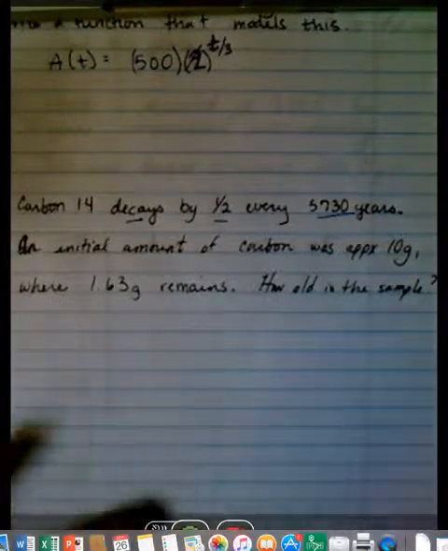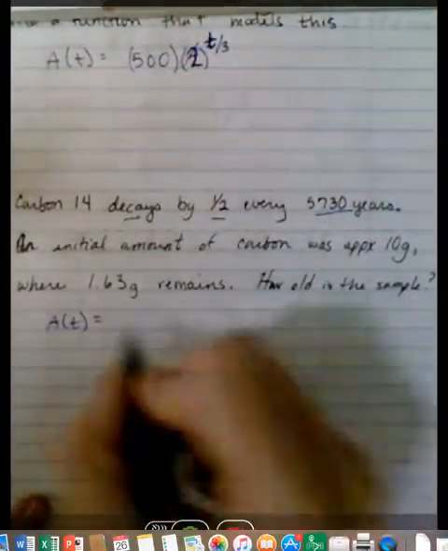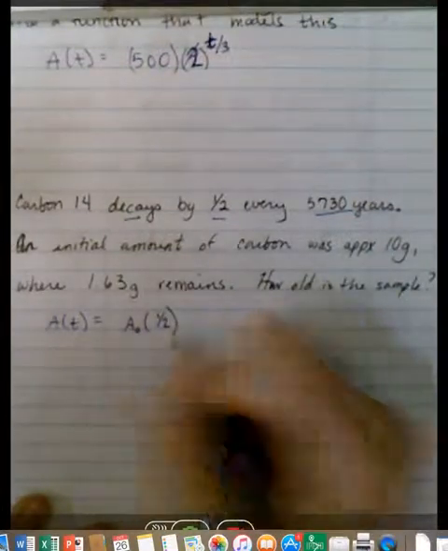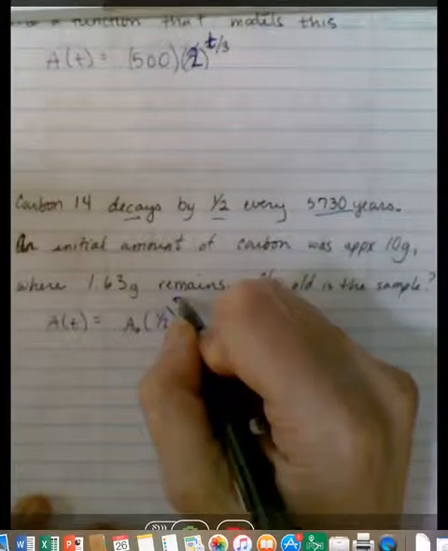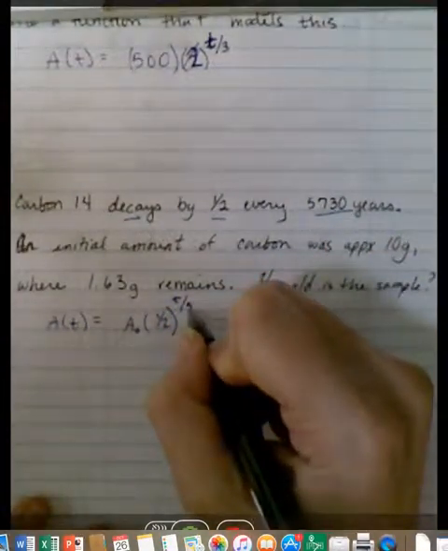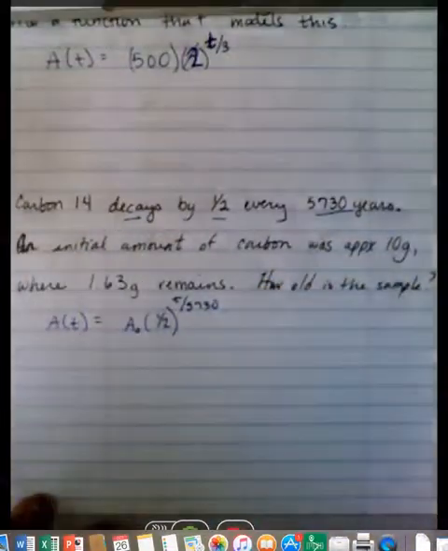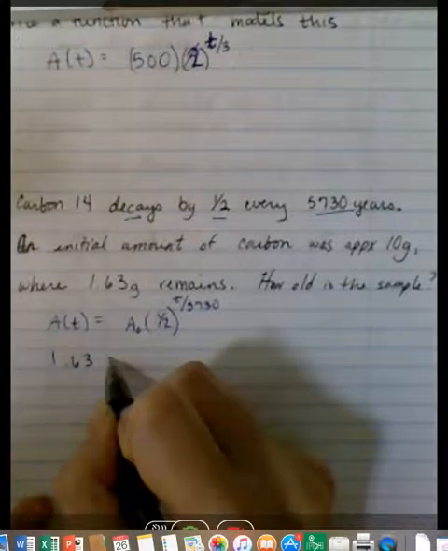Oh, my calculator's dead, so we're just going to do this one by hand. So our amount in terms of time is going to be the initial amount times half raised to the number of years, and it takes 5,730 to make one cycle. So we have to do that. Our current amount is 1.63.